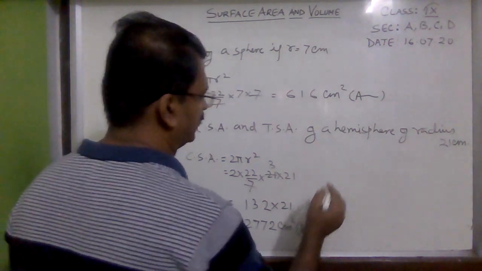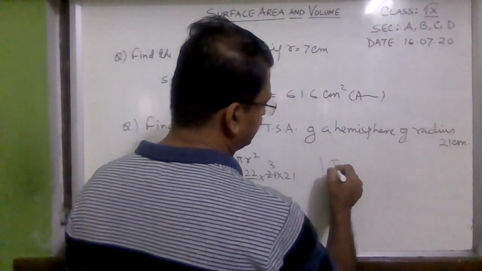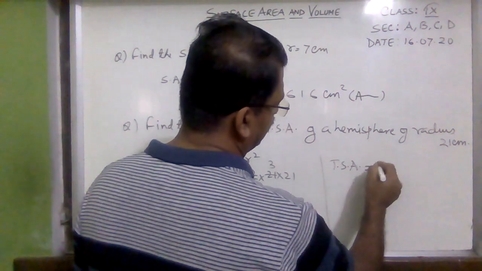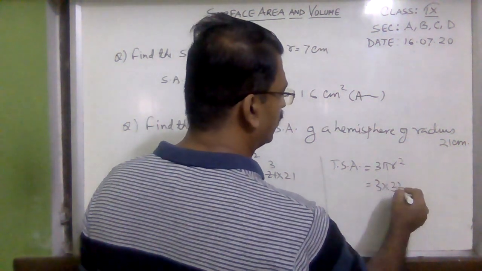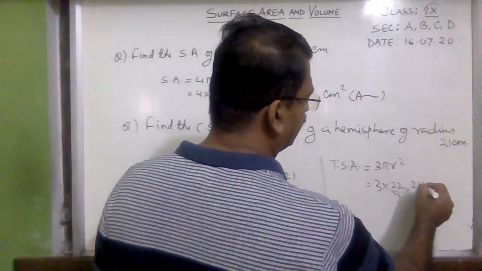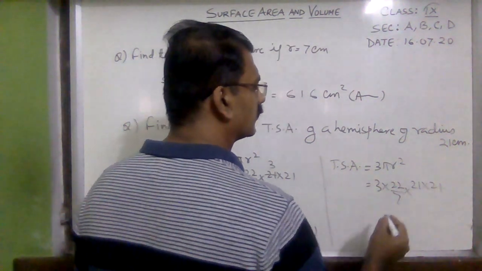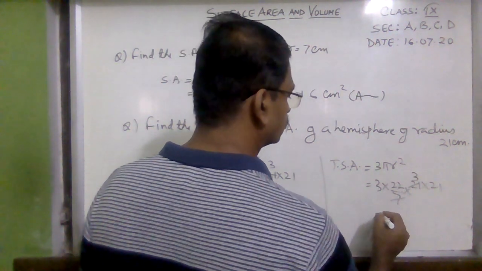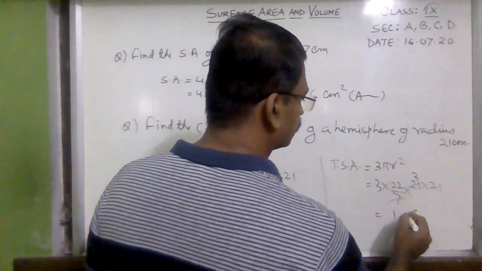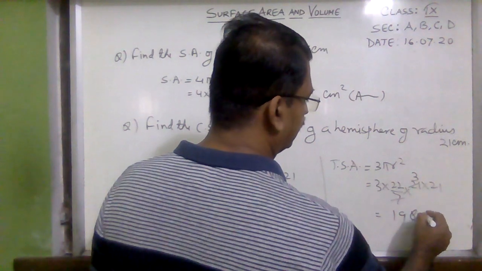That is the curved surface area. And now the total surface area. The total surface area is 3 pi r square. So 3 into 22 by 7 into 21 into 21. 198 into 21.